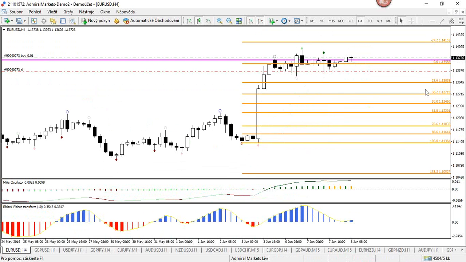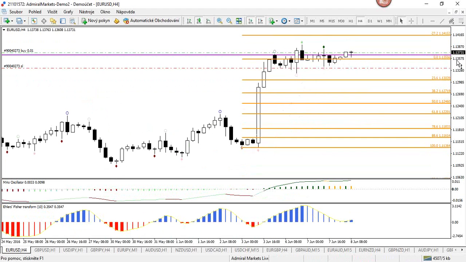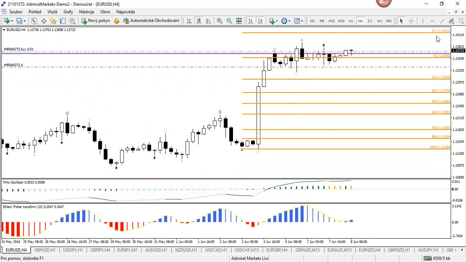And I'm going to take a look, though I'm not sure how to monitor the 272 target response, because if price gets there and then turns back like this, it might turn into break even. So if I see a chance to take profit because I think it's not going to break the 272 target, I might do that.